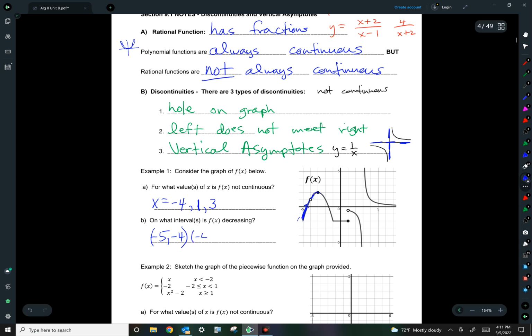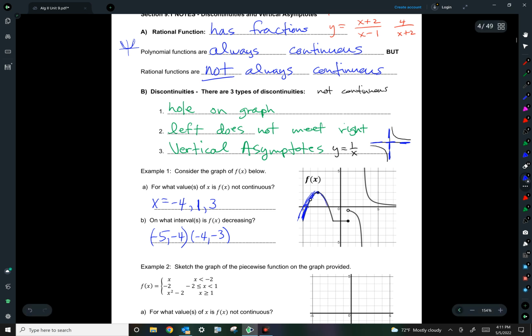So I would say from -4 to -3. The parenthesis on each side of -4 means the first piece goes until I get really close to -4, then I pick up my pencil and start again right after -4, and go all the way to where x equals -3. So all of this in here is increasing.